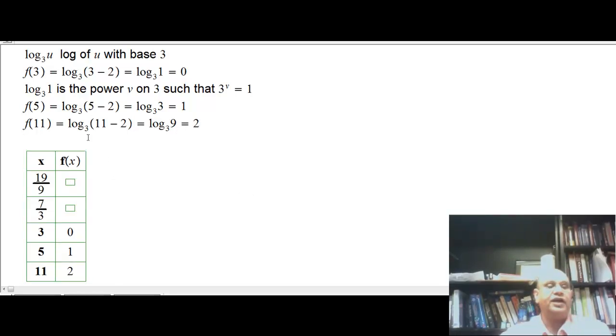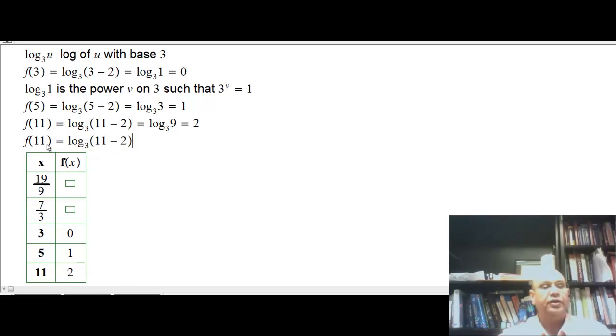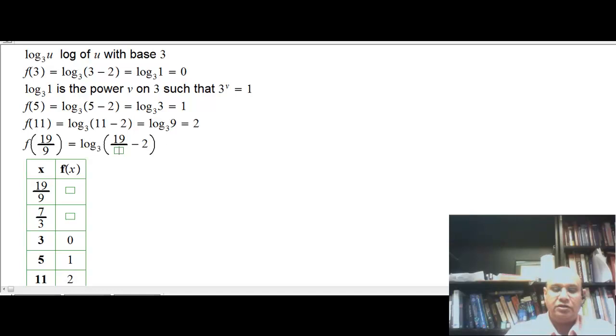Now let's go to this one. Now this is a fraction, but no big deal. We can deal with fractions now. Okay, so here I have 19 over 9, right? So this changes it to 19. We don't try to simplify it; I'm going to simplify here, see?